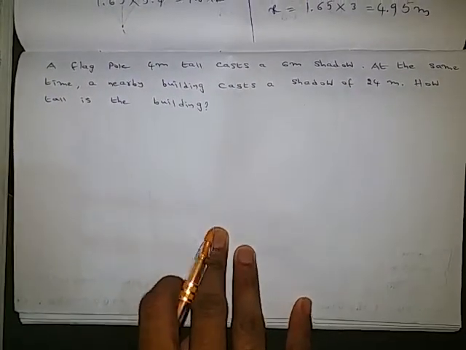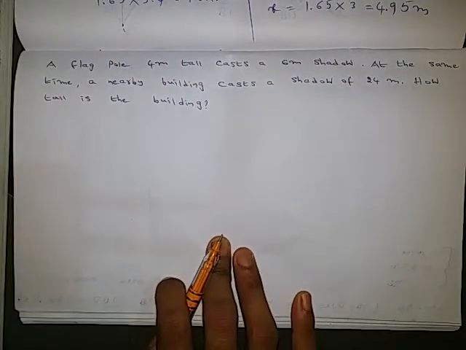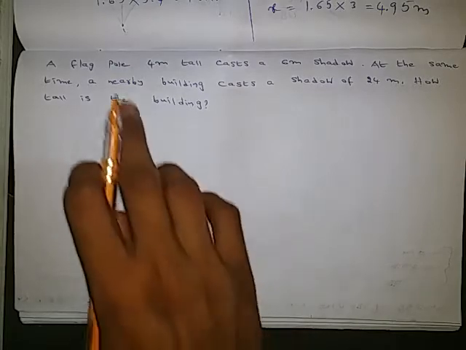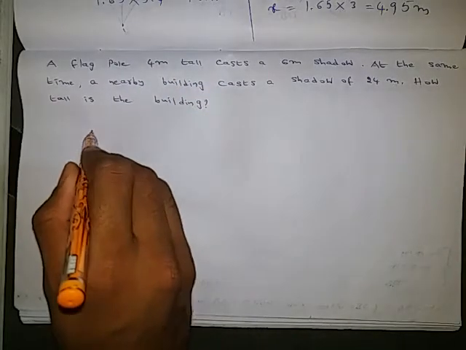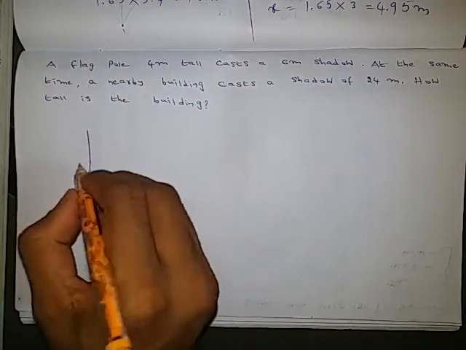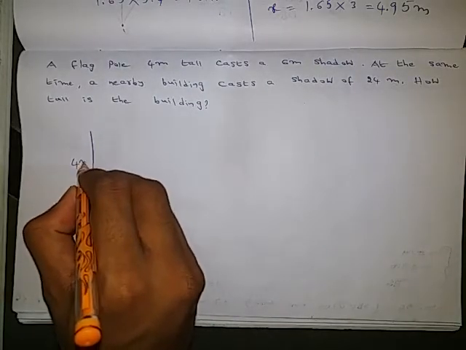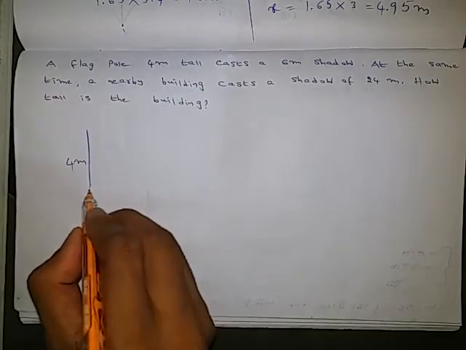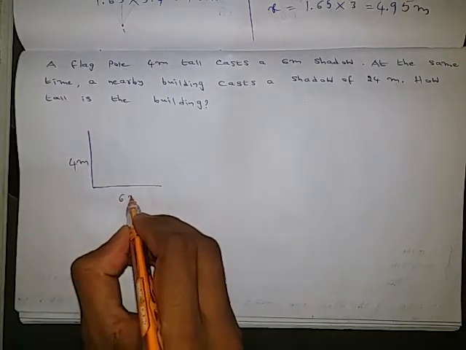A flagpole 4 meters tall casts a shadow. At the same time, a nearby building casts a shadow of 24 meters. Then how tall is the building? Flagpole 4 meters tall, creating a 6 meters shadow.